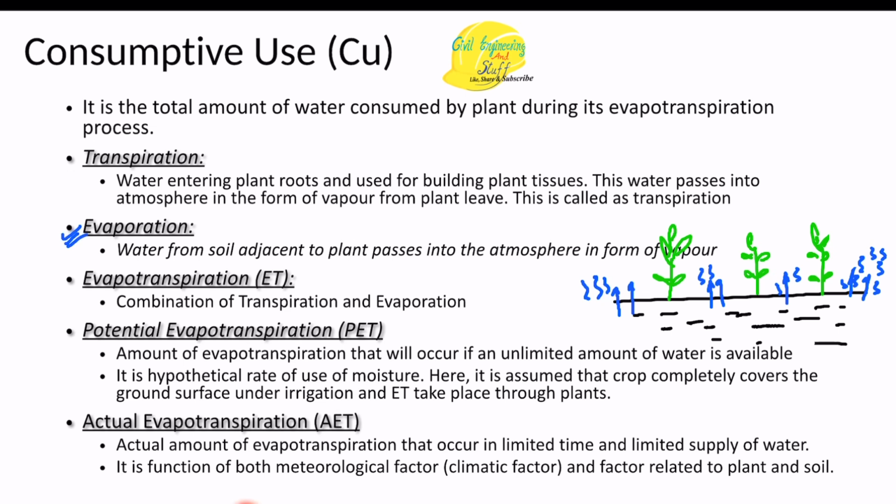So evaporation is the water from soil adjacent to plant that passes into the atmosphere in the form of vapor.